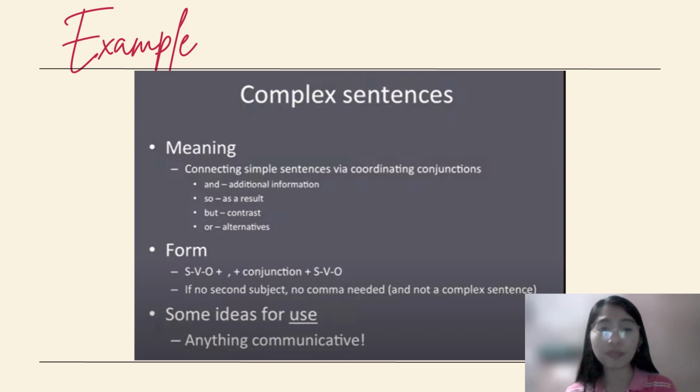To form a sentence, we use the subject verb object, plus the conjunction, plus subject verb object. Once again, if there is no second subject, no comma is needed, and it is not a complex sentence. For ideas for use, they can write anything communicative.